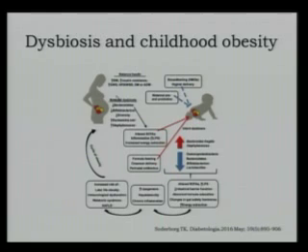But it seems to start very early in life, even from the maternal gut microbiome, such that that could put the baby at risk of having altered gut flora. And other factors that might play a role are breastfeeding, which has a favorable effect, and vaginal delivery, again a favorable effect, as opposed to C-sections, which might increase the risk of obesity, maybe through altered gut flora.